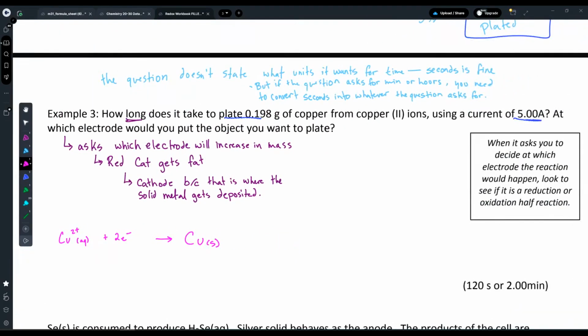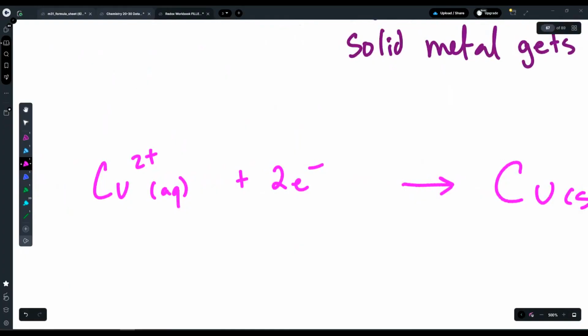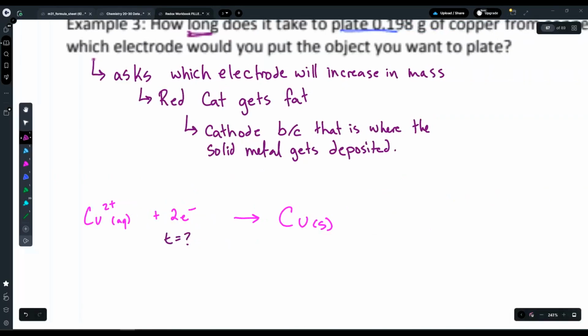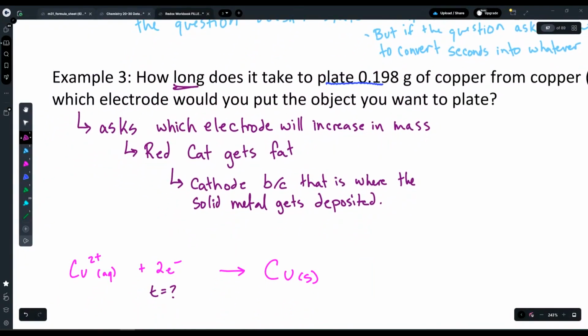And so now I'm just going to organize my information. How long does it take? We're looking for time. Time goes with electrons, so I'm going to organize it here. And we're told that we plate, so that's a mass, and it goes with copper solid of 0.198 grams.